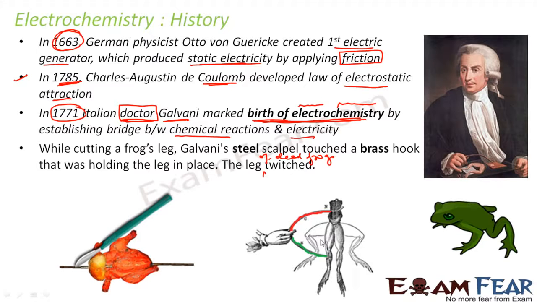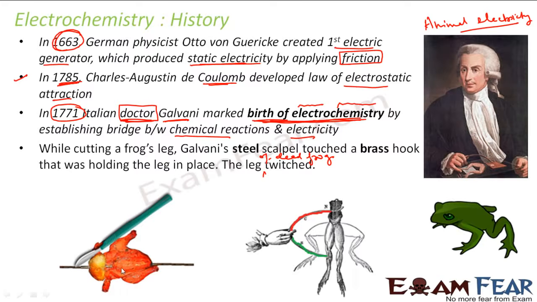So this guy thought there is something called animal energy, animal electricity actually. So he coined a term called animal electricity, because he was a doctor and knew more about animals. He said there is something called animal electricity, and that was the reason the frog's leg twisted.